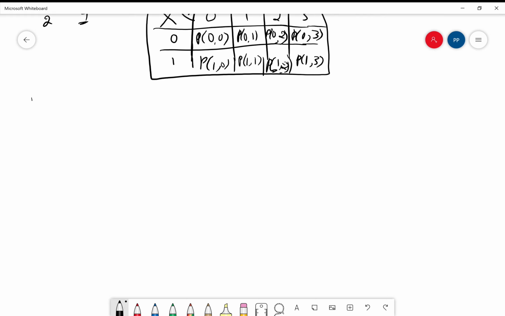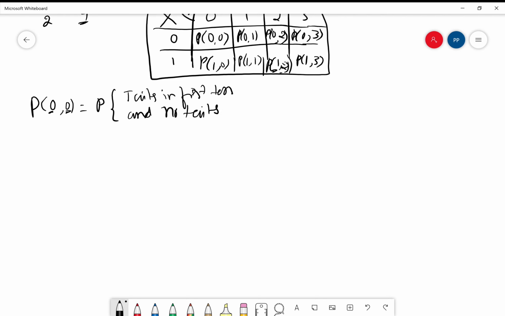Now first one, P of 0 comma 0, which equals probability. Now we have to consider the outcomes. I'll write in words. x taking the value 0 means tails in the first toss. And y equal to 0 means number of tails 0, no tails.